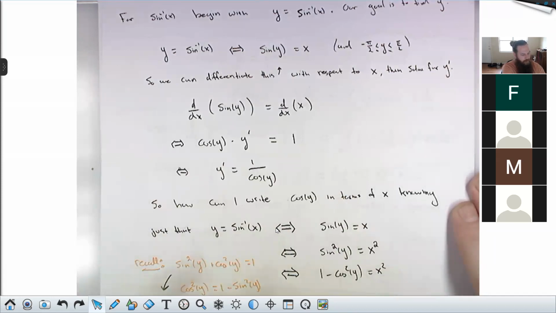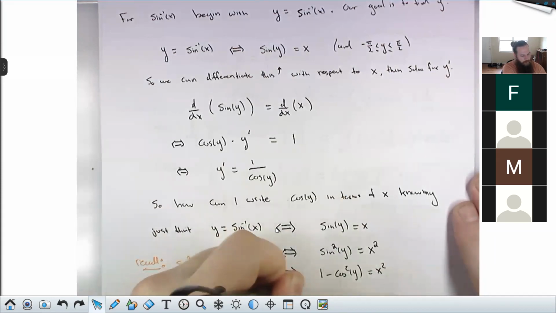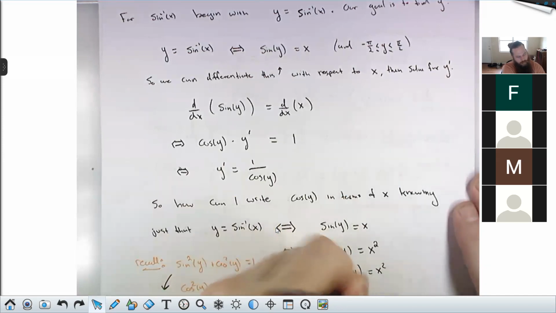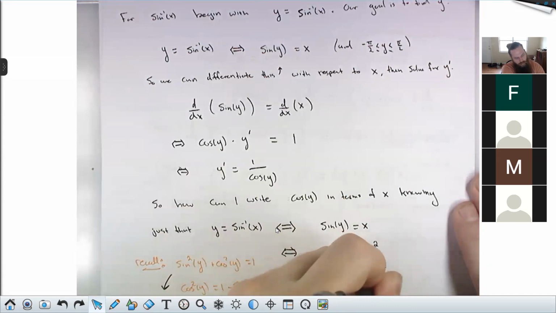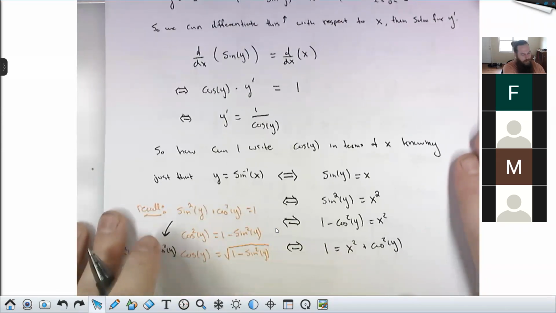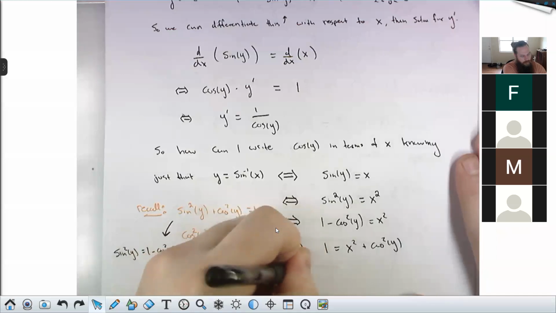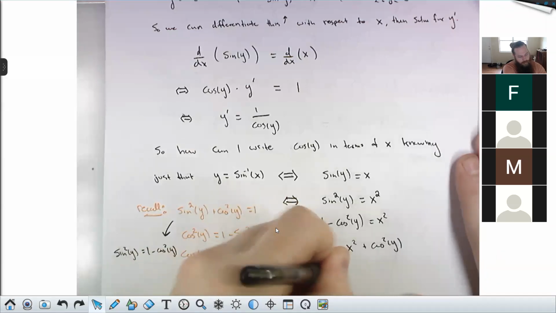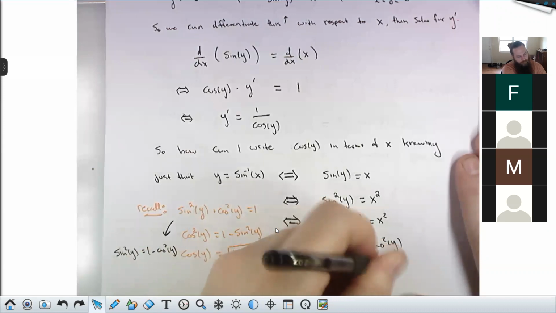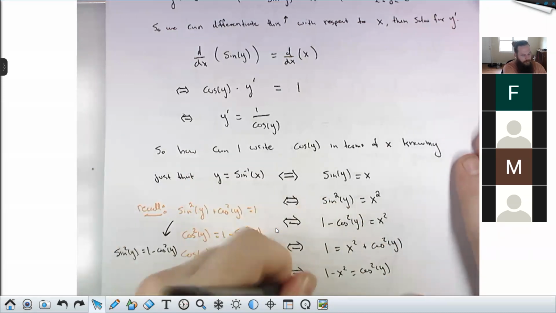And now I can add the cosine over to both sides. So we're just playing around with Pythagorean identities. This means 1 equals x squared plus cos squared y. And then subtract the x squared from both sides. 1 minus x squared equals cos squared y. And then take square roots.